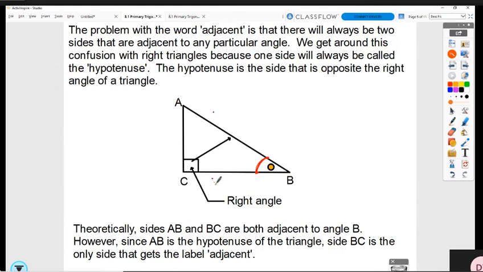We know this is adjacent. We also know this side length here is adjacent, but it's a special side length because it's opposite of the 90. It's really the hypotenuse. And lastly, we have the opposite side.